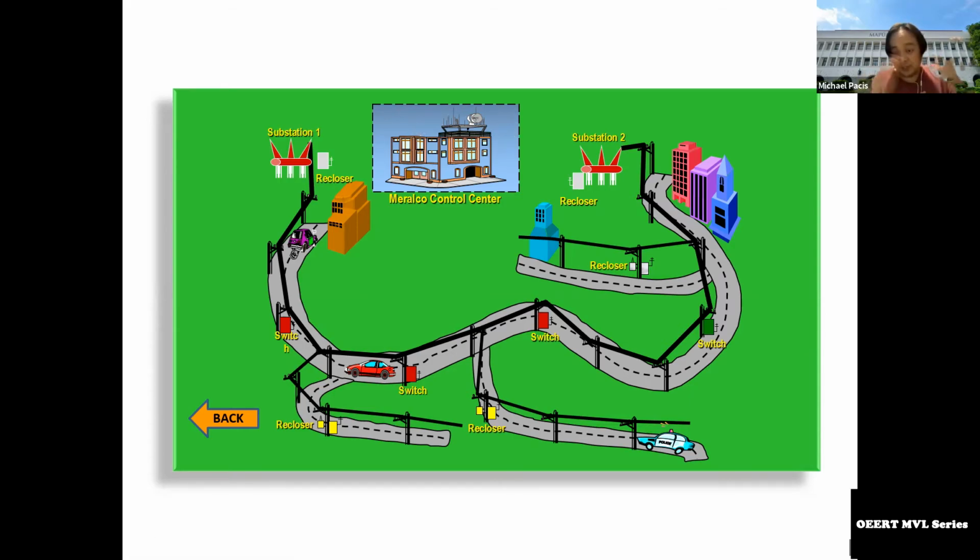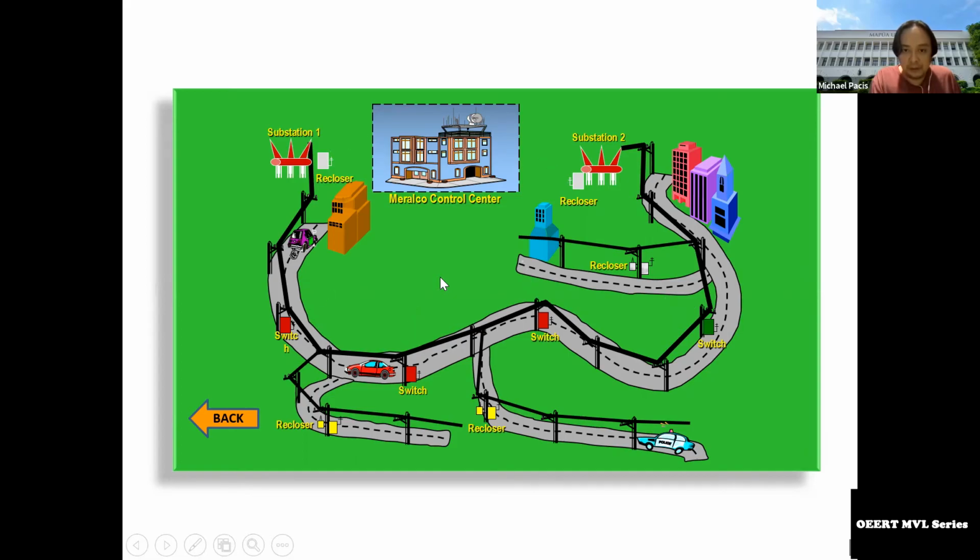So at first, he needs to know the status, yung main control center, yung nagko-control lahat ng mga reclosers dito sa mga sectionalizers. So as you can see here, the red ones are naka-close, ito naka-open. Okay, normally open yan. As you can see, there are reclosers from different sections of this power line.